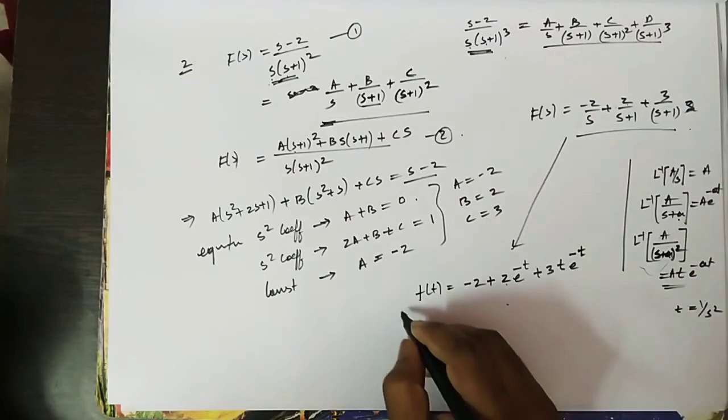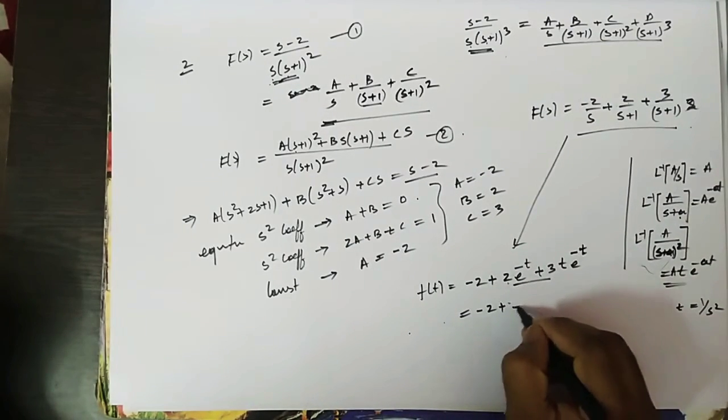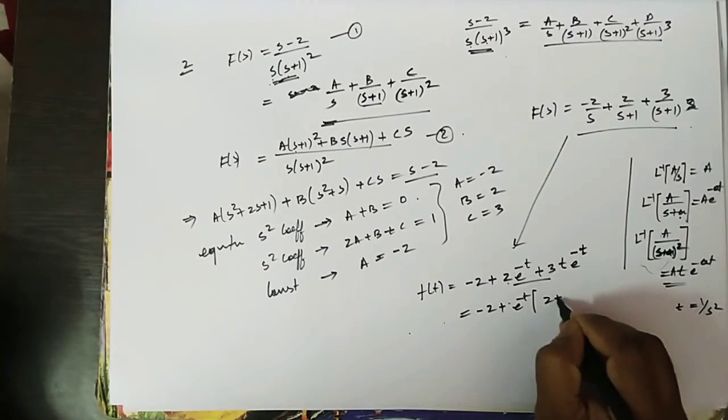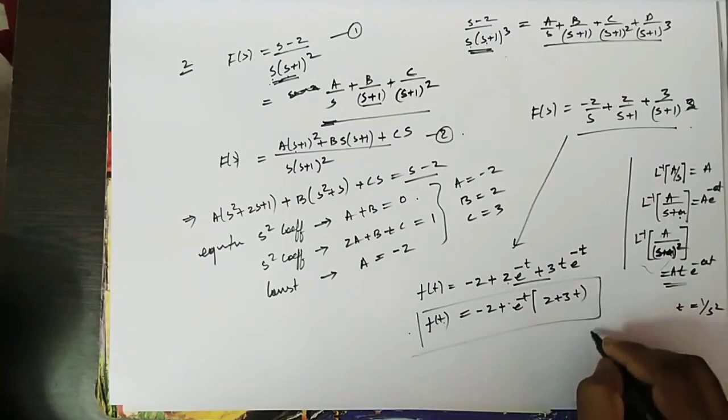Okay. So on this you can draw it also. Separating e power minus t, we get 2 plus 3t. So f of t equal to this, and this is a critically damped system.